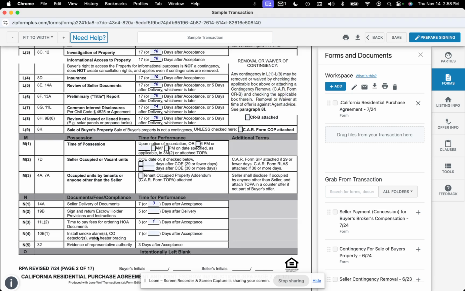Installing smoke alarms and CO detectors and water heater bracing. That's fine, as long as they're in there when I move in. I don't care if you leave them as 7 days. And then evidence of representative authority.